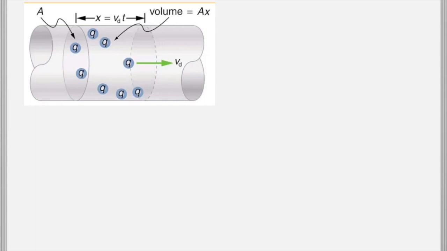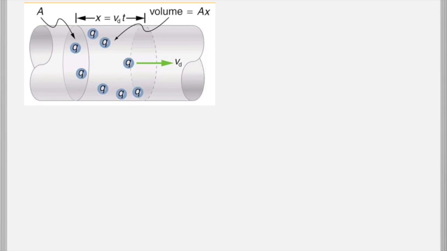So drift velocity multiplied by time gives you how much the electron moves. And also let's assume that in this material there are n free electrons in 1 meter cube. Now remember that electricity is due to the flow of free electrons. And if you take a conductor, a metal, there are a huge number of free electrons in every meter cube.